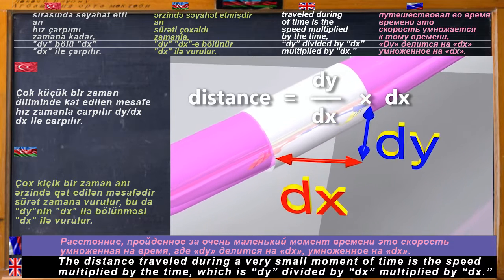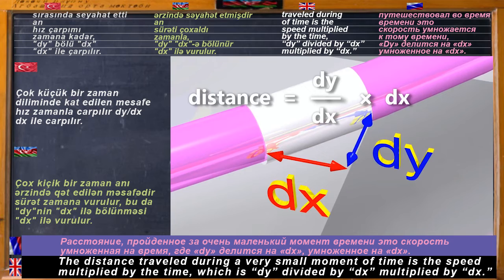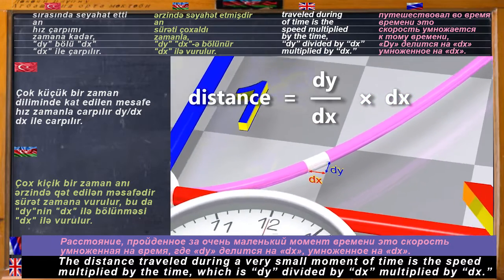The distance traveled during a very small amount of time is the speed multiplied by the time, which is dy divided by dx multiplied by dx.